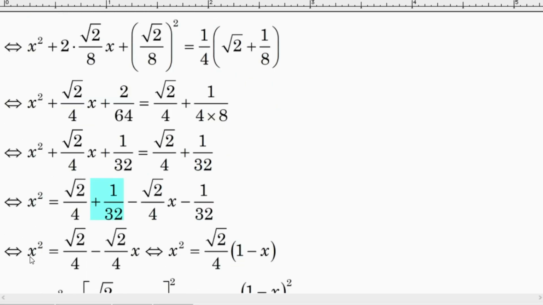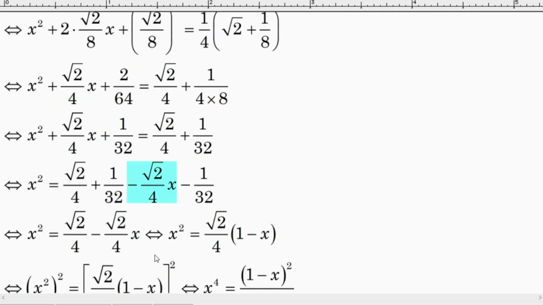Alright, so then we have x squared still the same, equal to, and we only have this and this. Okay, so that is equivalent to x squared equal to, I just factor out square root of 2 divided by 4, so that will be 1 minus x.